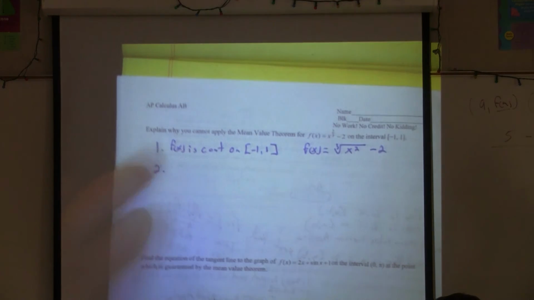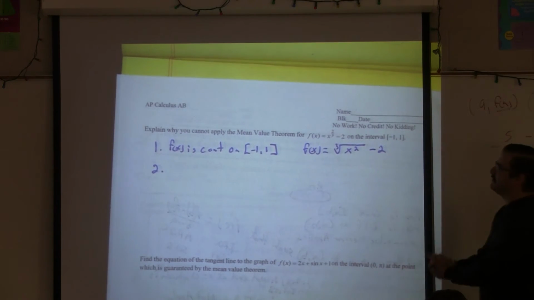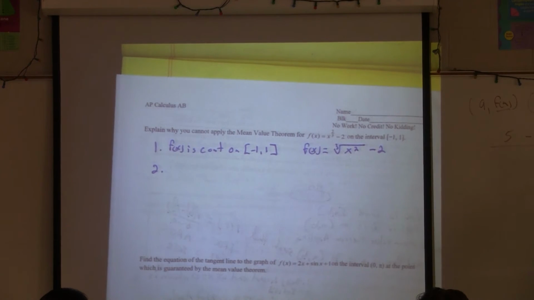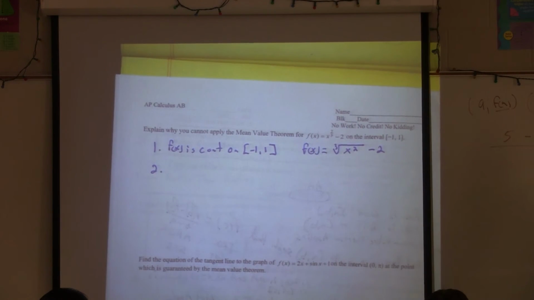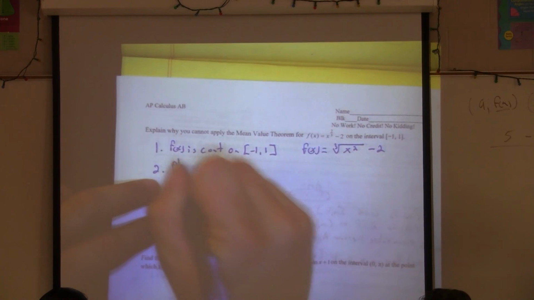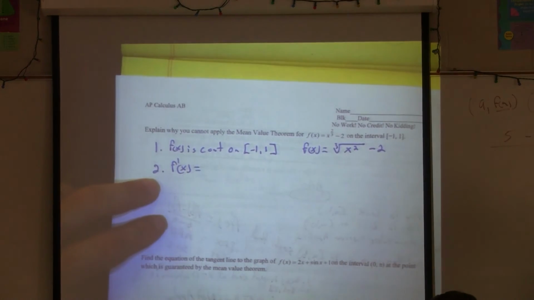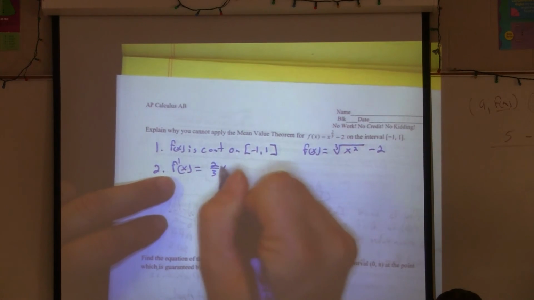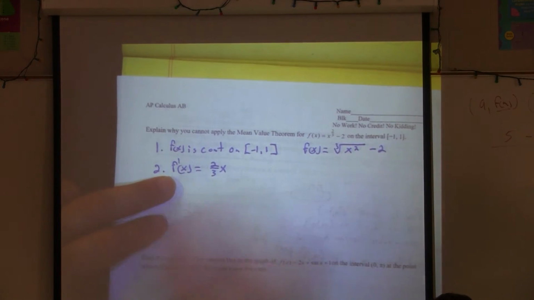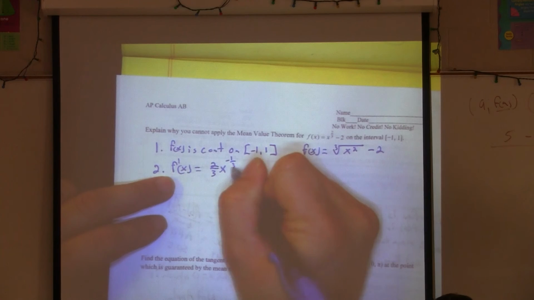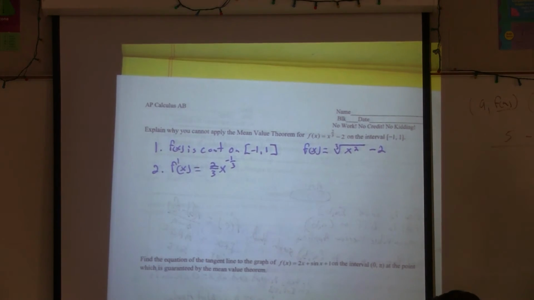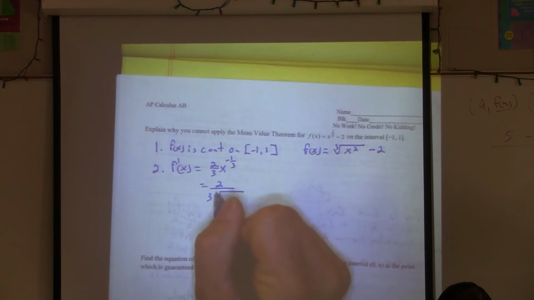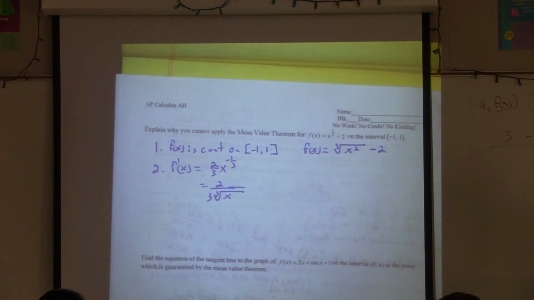2. Differentiability. Is it differentiable everywhere? How do I determine that? Find the derivative, right? So we can check it. So what would be my derivative here? 2 over 3 x to the negative 1/3, right? And we know that that gives us 2 divided by 3 cube root of x.